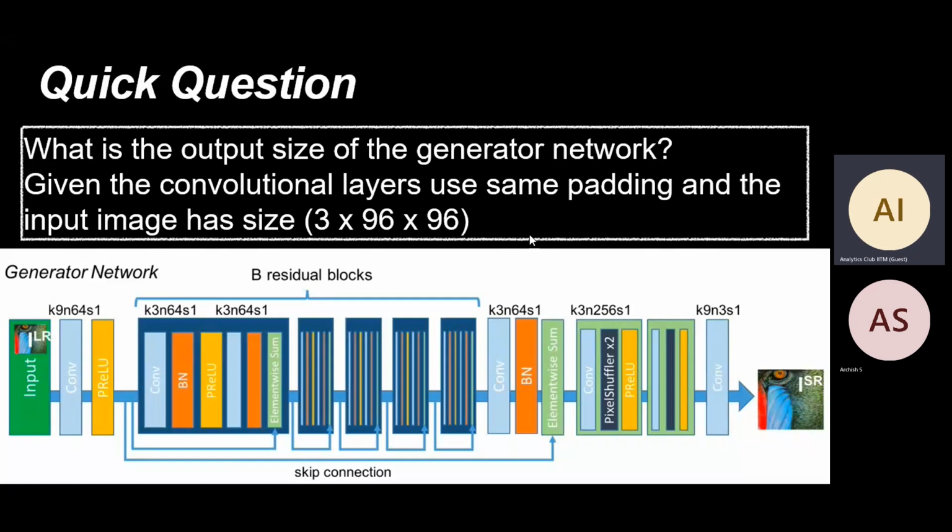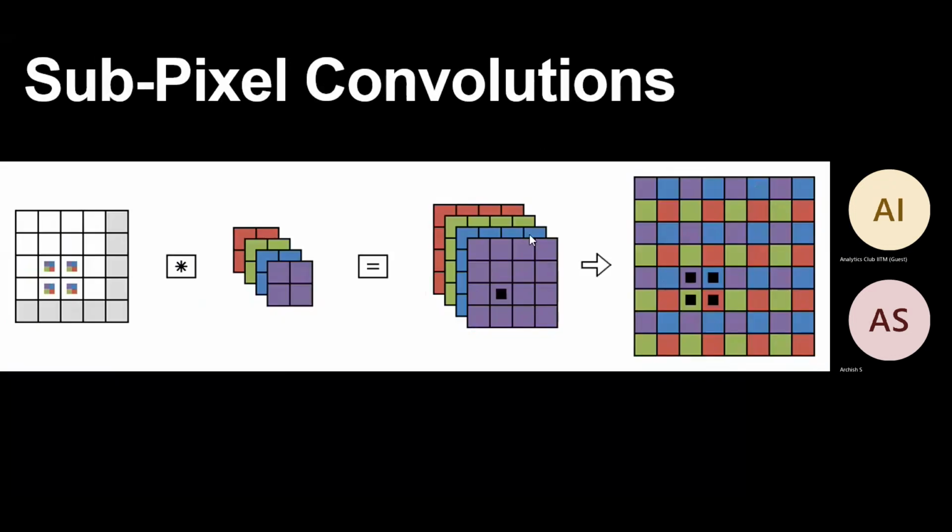Do you guys have any doubts in the generator architecture? Yeah, basically you have some image of some size and you want to increase it by a factor of r. So what you do is you split each channel into r different channels. Just a second.